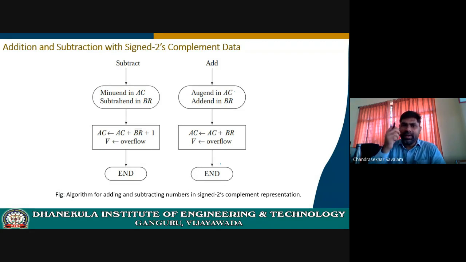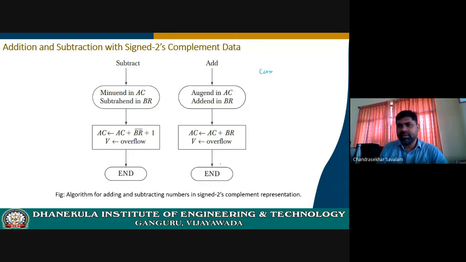In the same algorithm, addition is done directly, and for subtraction you need to get the result by adding the numbers. How are you going to add? Simply take the 2's complement of the negative number and add it to the accumulator. Okay, students. Later, how are you going to decide the sign here? That is also not mentioned here, but by default, if the carry occurs, it is an end-around carry.